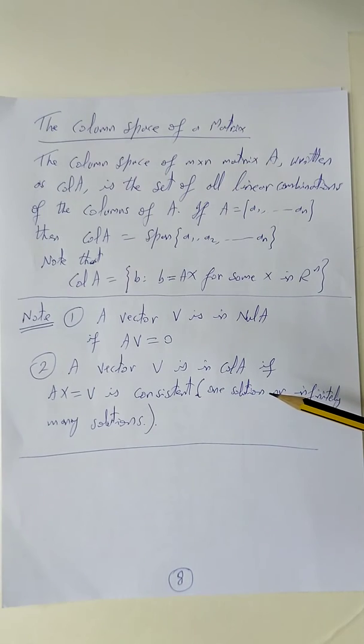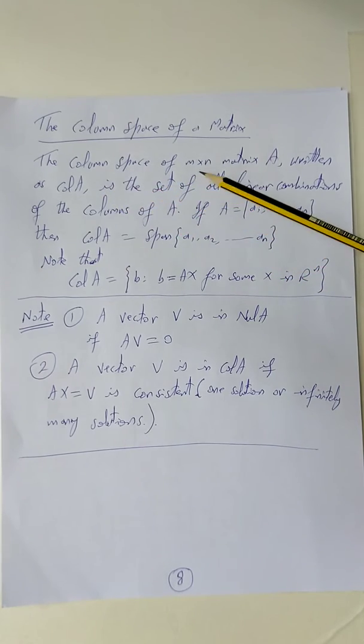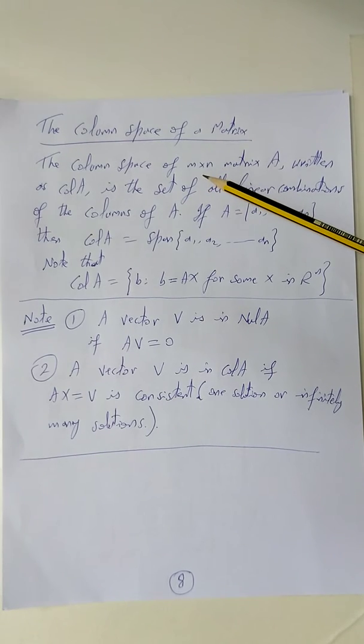Now next is the column space of a matrix. So what is the column space of a matrix? The column space of an m cross n matrix. In the previous definition it was also m cross n. M cross n means m number of rows and n number of columns, so that is why we write m cross n.